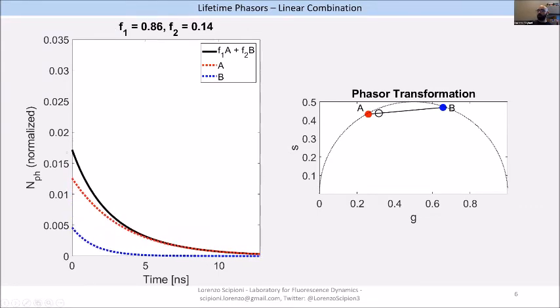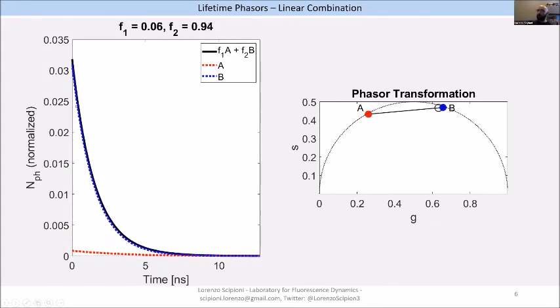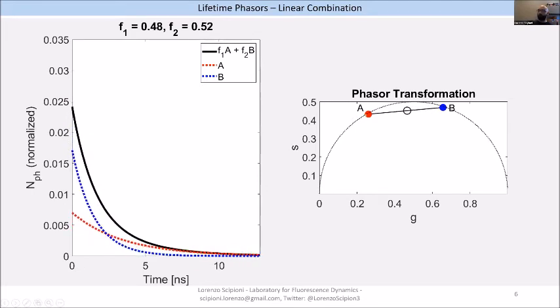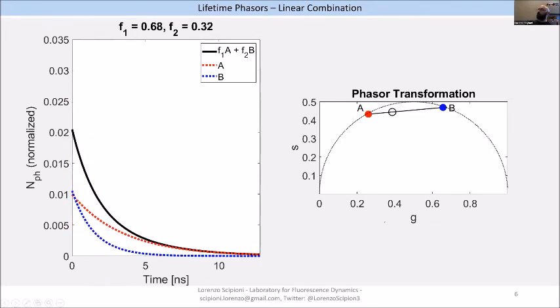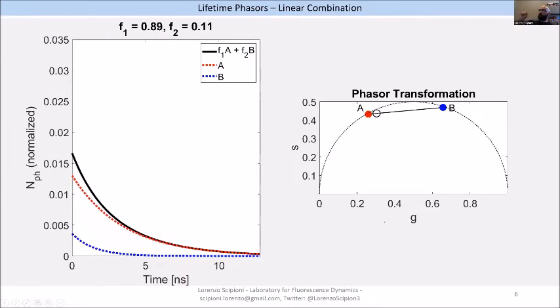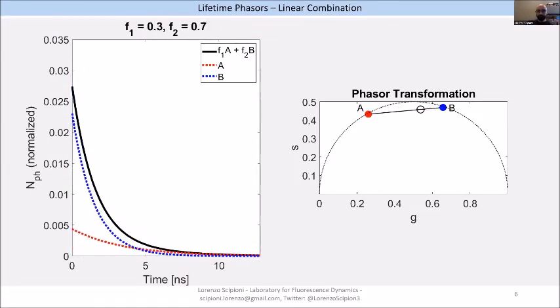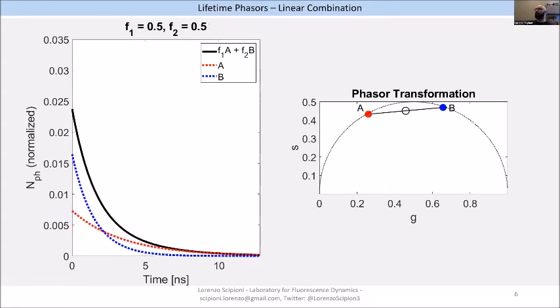So the phasor position of the black curve will be somewhere along this line. The position along this line depends on the relative fraction of the two, the photon contribution, let's say, of the two decays.